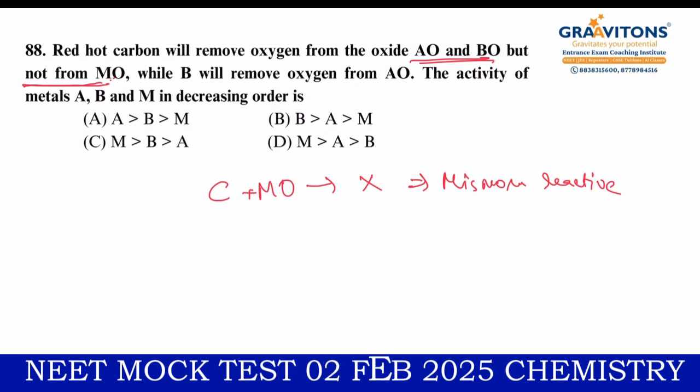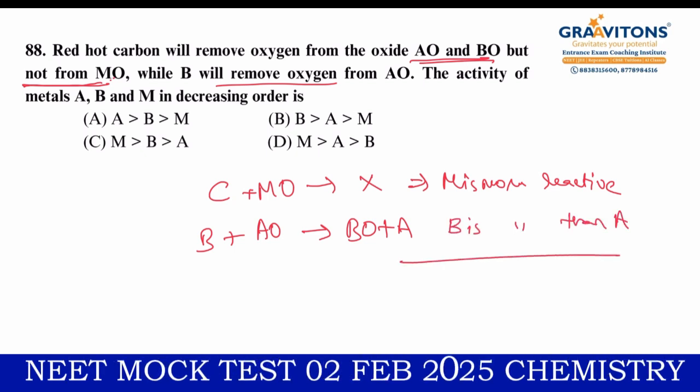And what is the next clue? B will remove oxygen from AO. So B reacts with AO, removes O from A and gives you A, and this shows that B is more reactive than A. So based on these two, we can arrange them as M has more reactive nature than B, than A. And hence the right option is C. 88, option C.